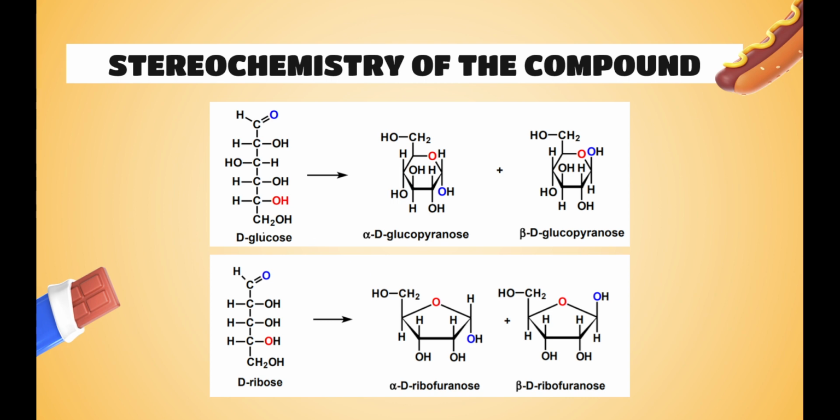So, it goes like this. From the Fischer projection, we transform it into the Haworth projection. And this is what we are referring to as pyranose and furanose. Again, pyranose if it is a six-membered ring. So of course, this is a six-membered ring, while here in furanose, this is a five-membered ring. So very easy to identify. Look at the structure, right? Look also at the position of the oxygen.